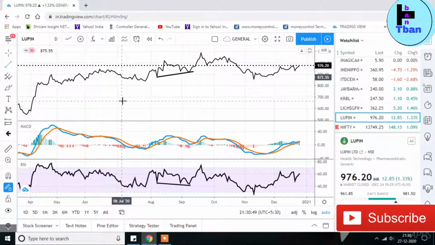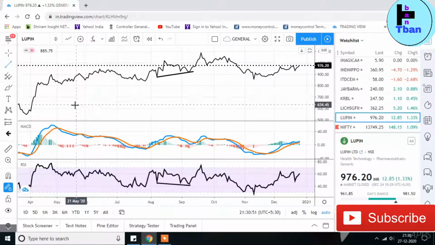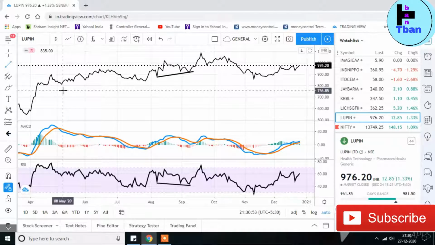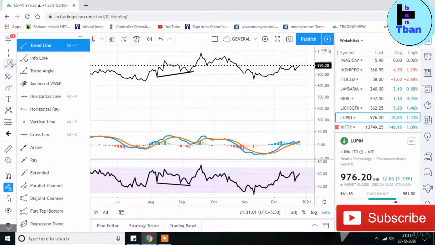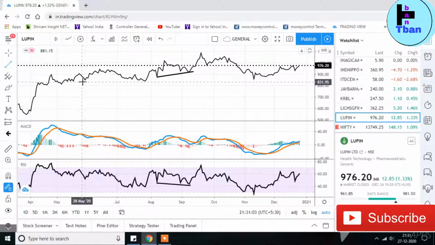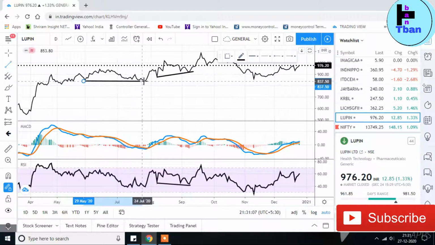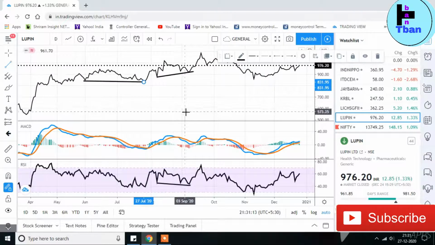The MACD line crosses the signal line, stock rises high. Okay. You also see another point. I am also seeing this point here, this point. I am showing you this point.